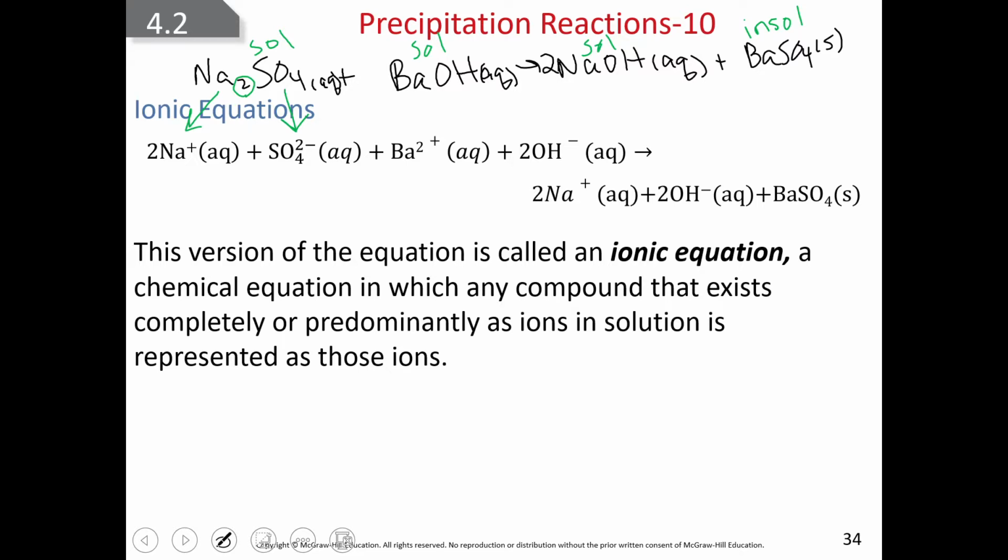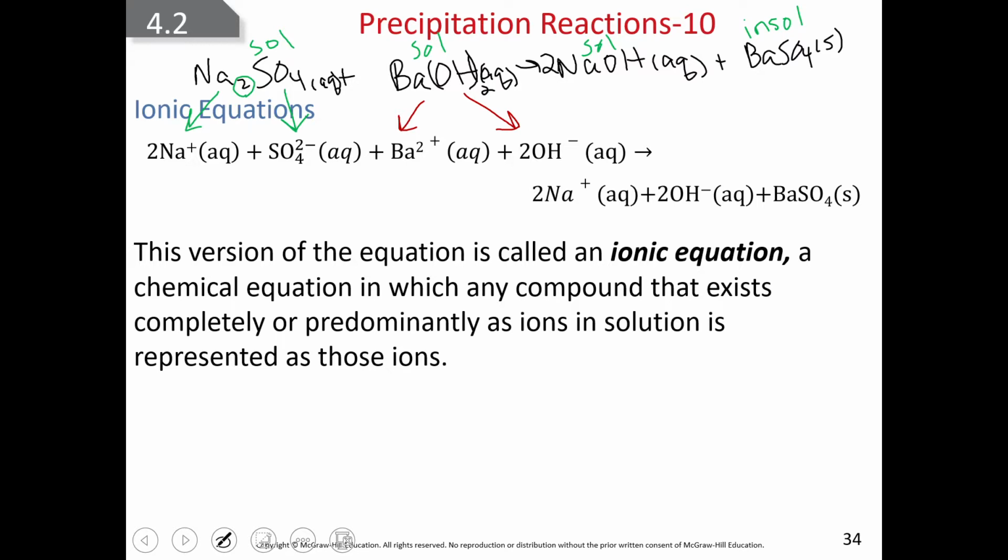I know that because I'm really starting at this point to almost memorize the polyatomic anions, and it's got a 2 minus charge associated with it. And there's only one of them. So then barium hydroxide, because it also is soluble, is going to break apart into its individual ions. And I have a typo. Sorry, guys.